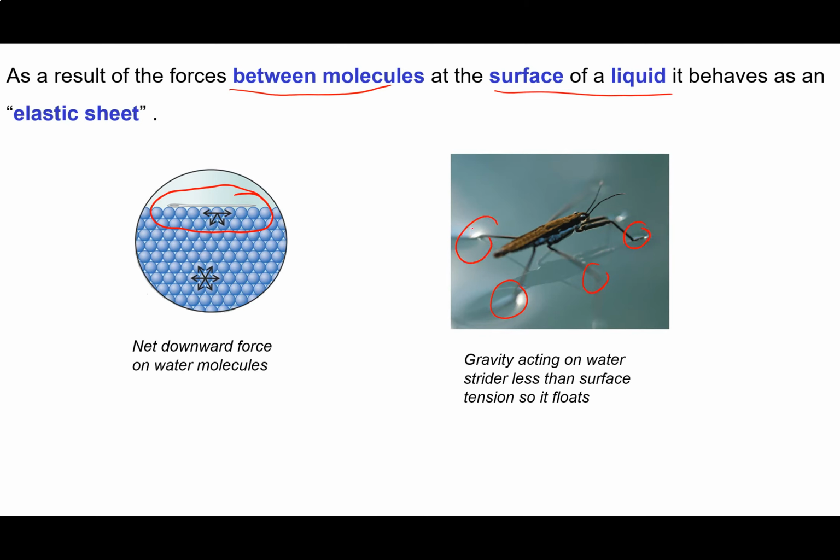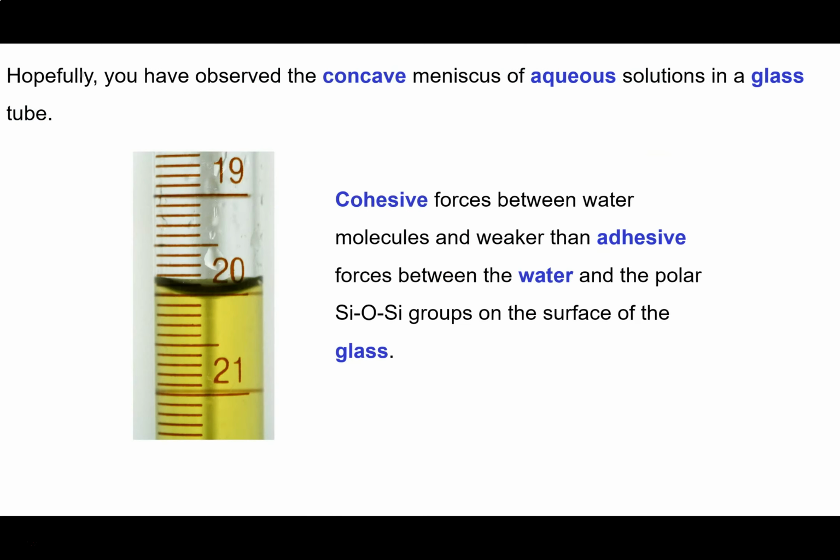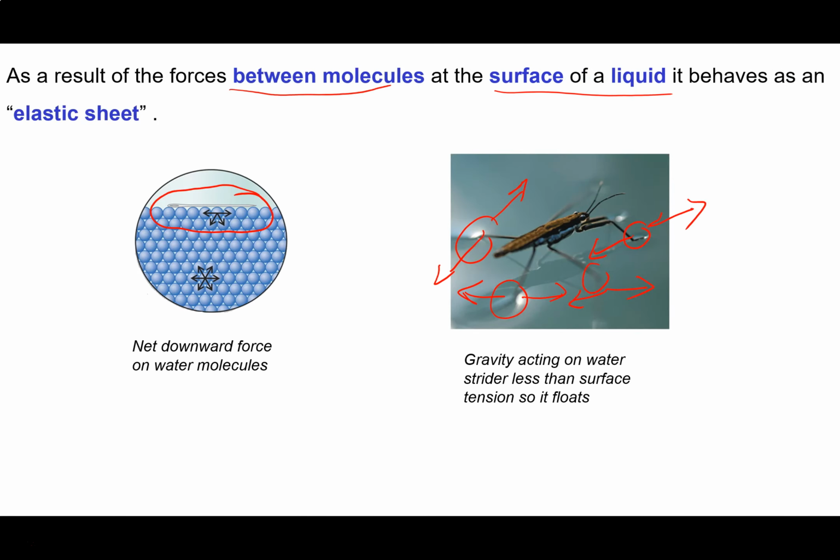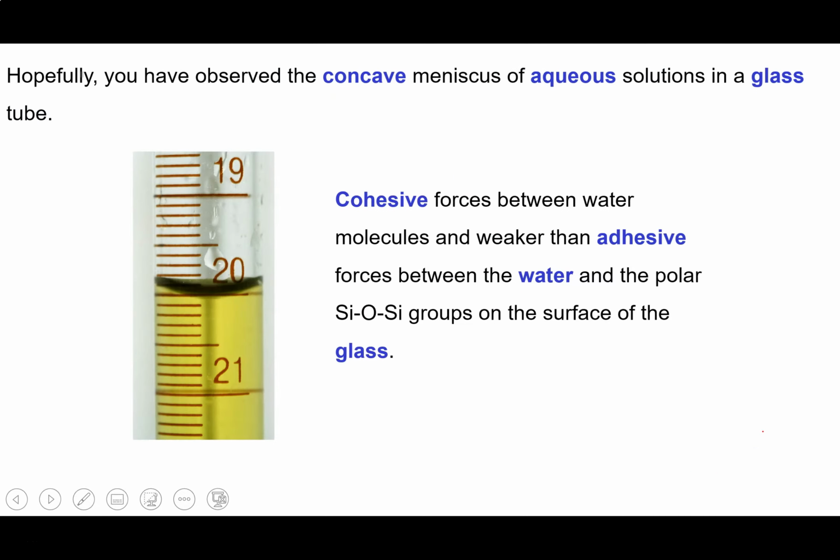Even though the strider is perhaps more dense than the water, it can walk across the water because it would take so much energy to break the interparticle forces for it to sink that it just doesn't have enough gravitational potential energy to do that. So that's one manifestation of the intermolecular forces present in liquids: this idea of surface tension.